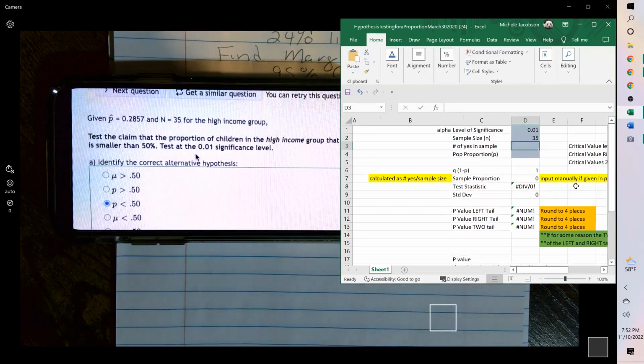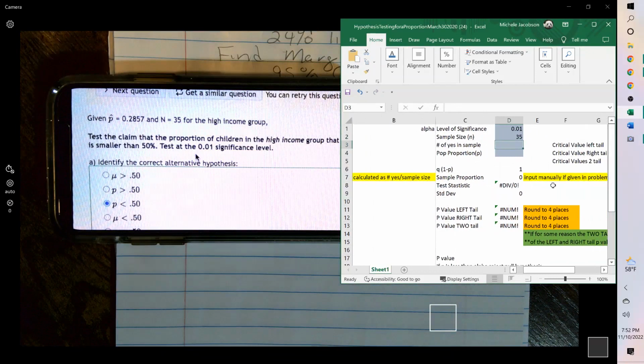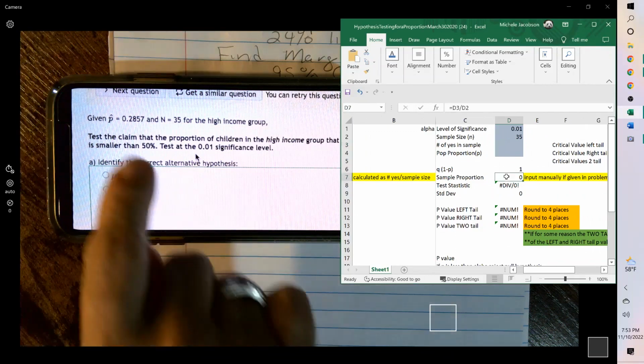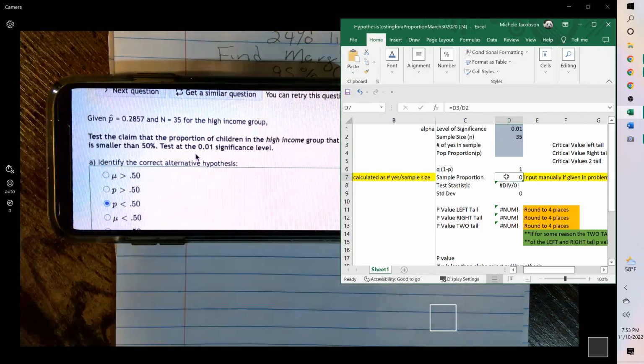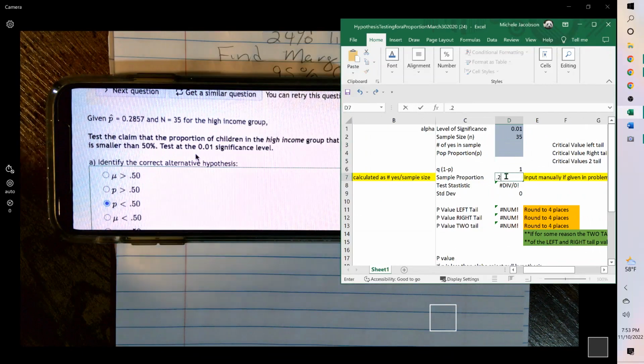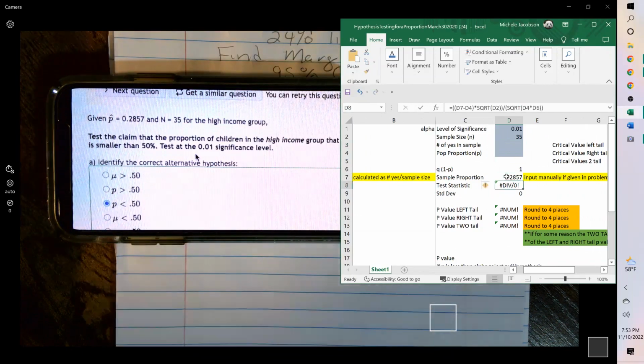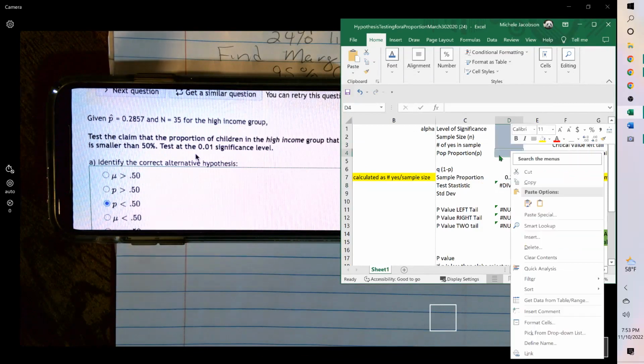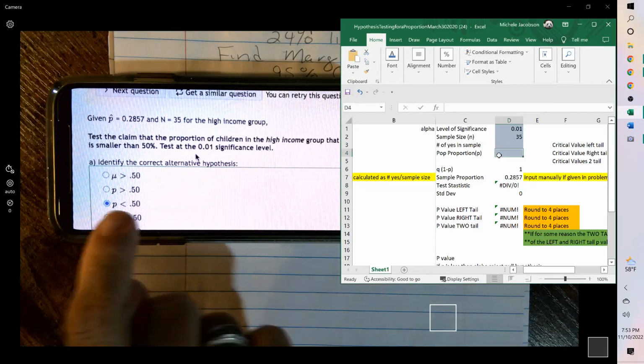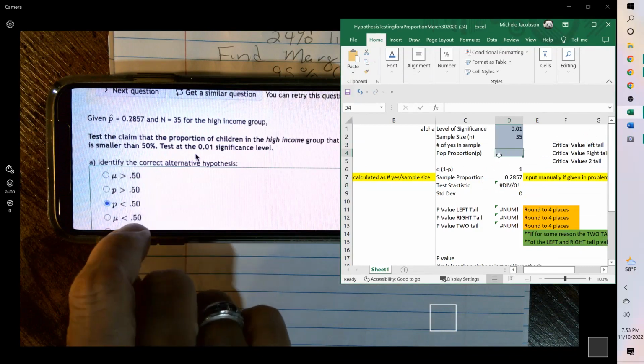Notice it says you can input it manually if you're given it in the problem. So instead of yeses, we would put the proportion here, which was 0.2857. And then we need the population proportion, which comes from the hypothesis.